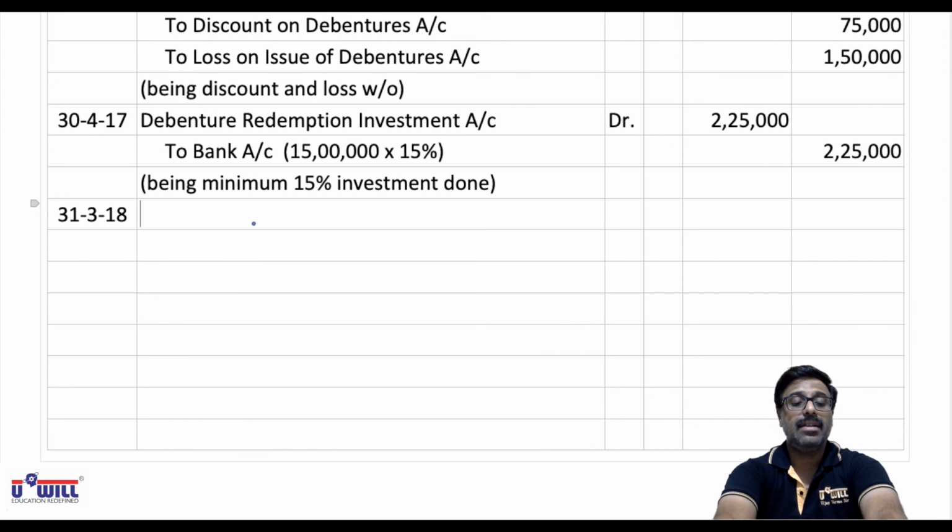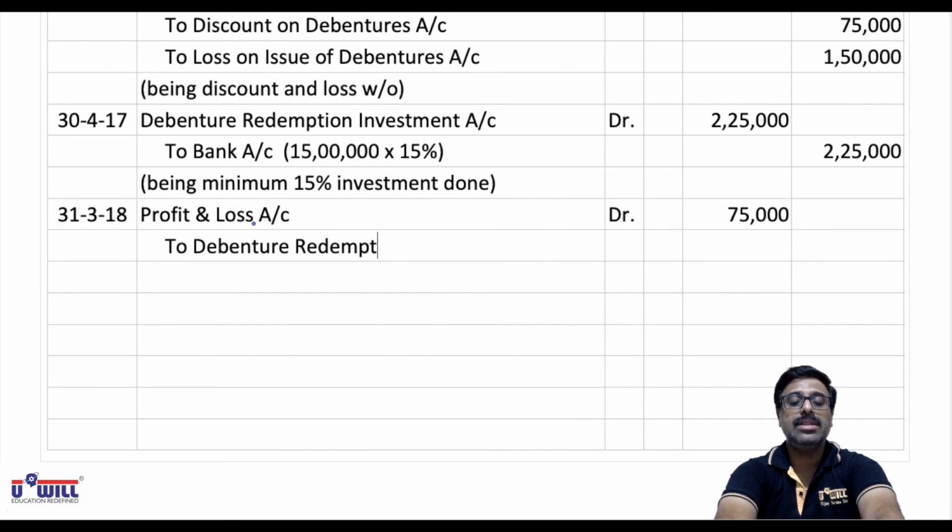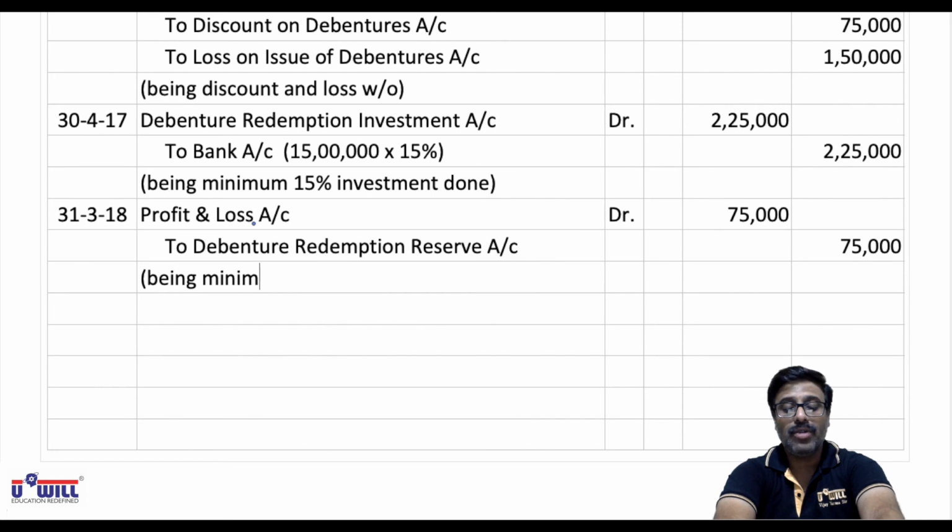So, as we studied, profit and loss account debit 75,000 to debenture redemption reserve account 75,000, being minimum 25% reserves kept aside.